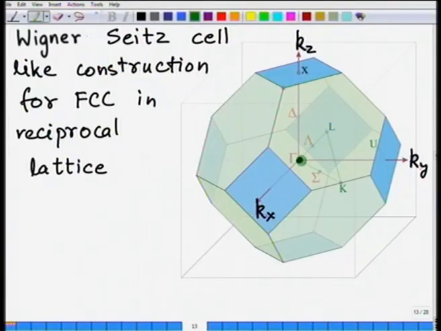I have already mentioned what the Brillouin zone is, but what I am going to do now is work with you, and instead of in 3 dimensions I will do this in 2 dimensions, to show you how the Brillouin zone is constructed and what it means. So, let us do that part first.